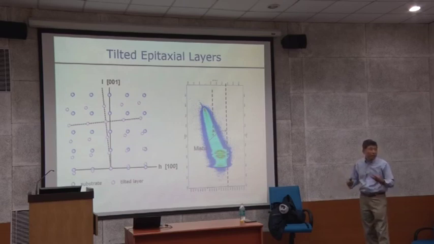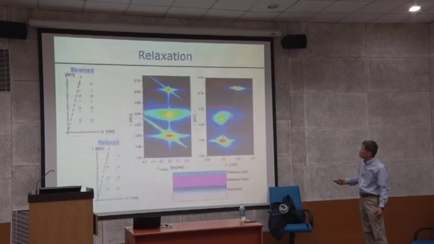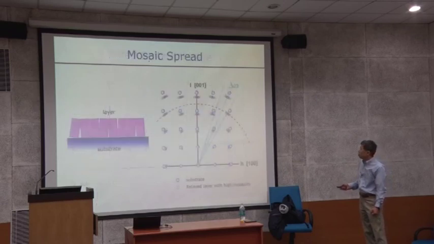Okay? So you can measure information on the tilting of the material, or your coherent, incoherent growth, and relaxed layer and strained layer. You can determine it. You can measure the tilting. And then you can also measure mosaic spread. Okay.